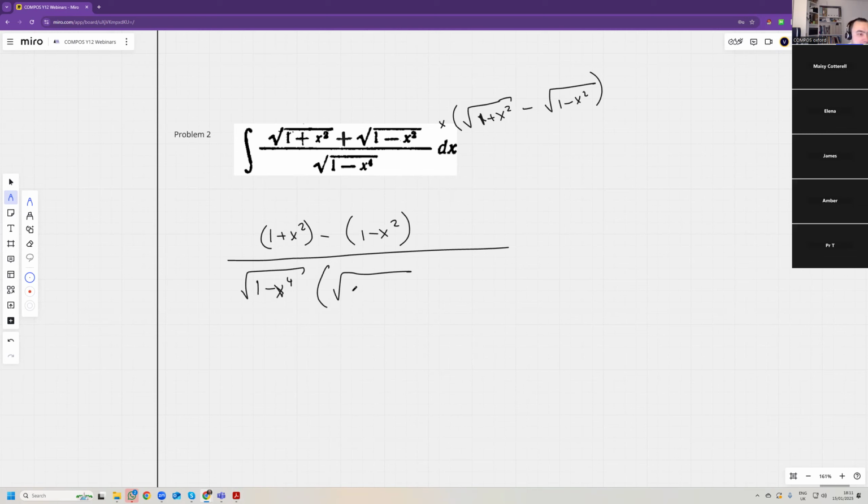I don't think that works. Well, how can you square it? No, you can't just square it. Okay, let me see. So 1 plus x squared minus.